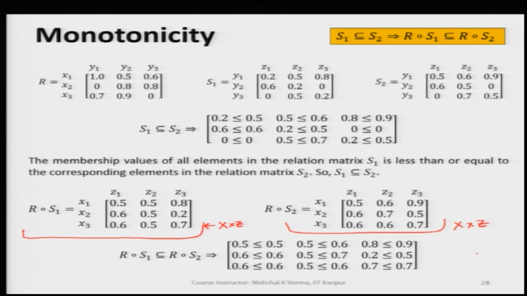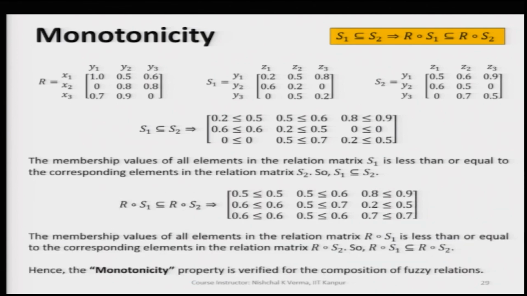If we compare element-wise, we see that all the elements of R composition S1 are either less than or equal to the corresponding elements of R composition S2, which is clearly shown here.